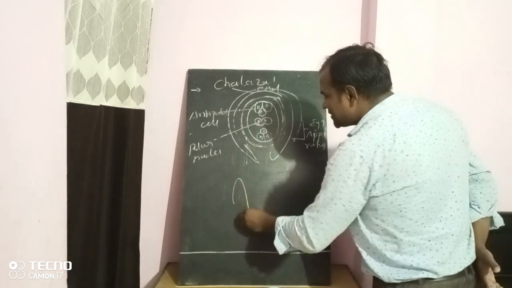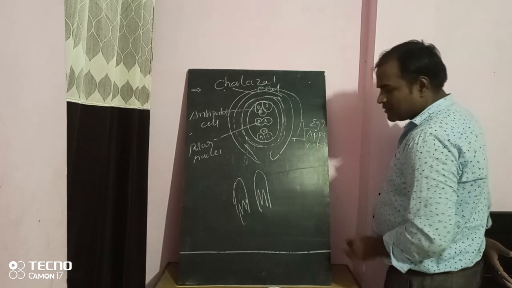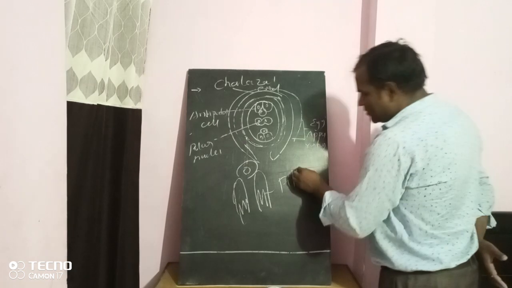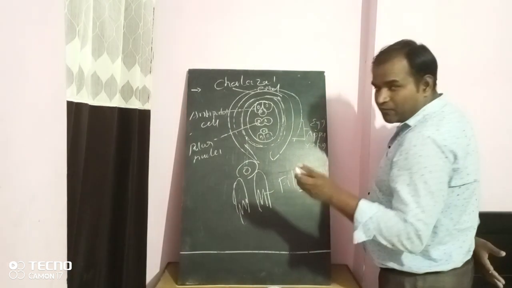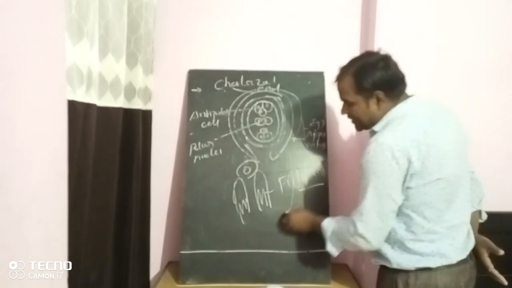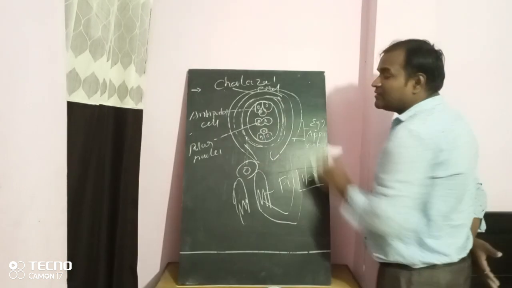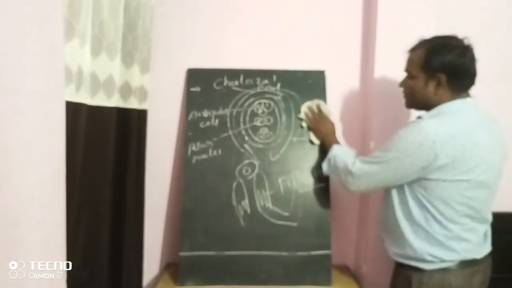Synergids have finger-like projections called the filiform apparatus. The filiform apparatus of one of the synergids guides the pollen tube at the time of fertilization so that the male gamete will go and fuse with the egg and polar nuclei. So this is the structure of the mature ovule.